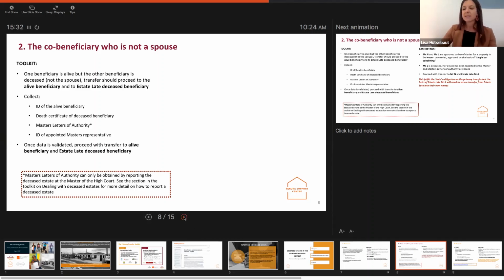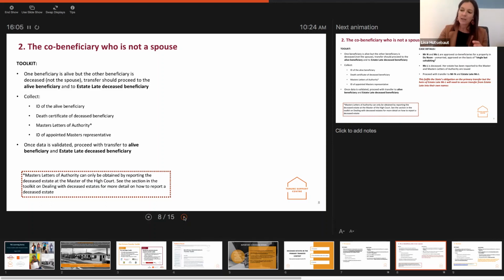I just want to say, as an aside at this point, because we all know the levels of complication that happen with primary transfers, the layers upon layers of things that have happened over the years while the beneficiary is waiting for transfer. You could very easily, in this scenario, have an alive beneficiary and a deceased beneficiary, where the deceased beneficiary actually has a surviving spouse who is still alive.